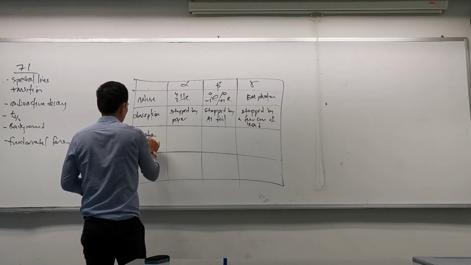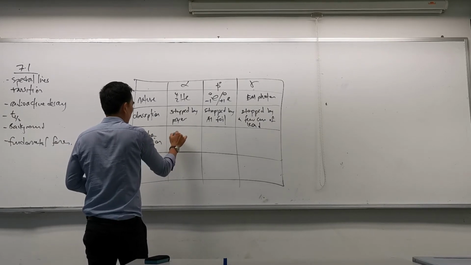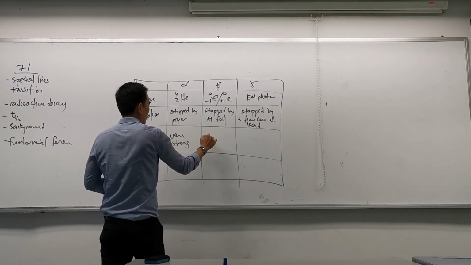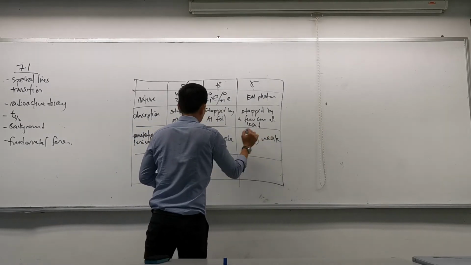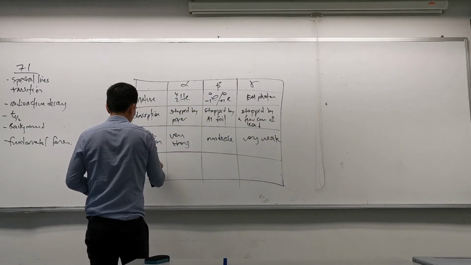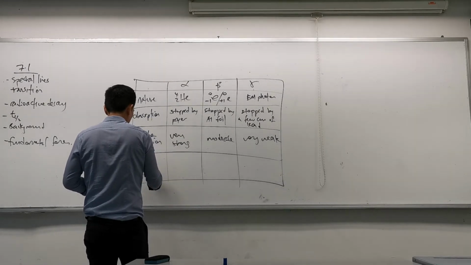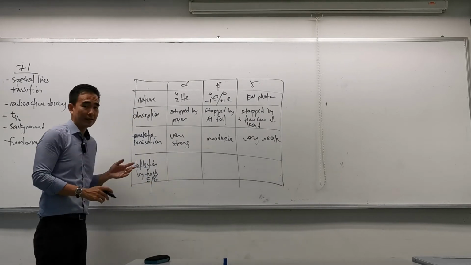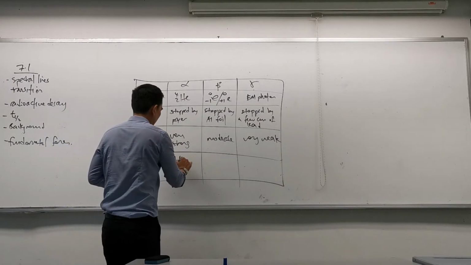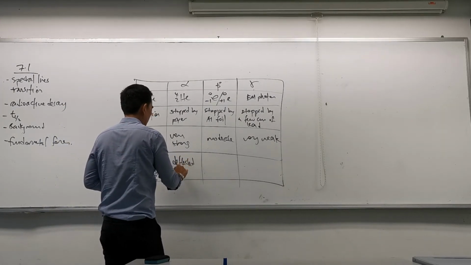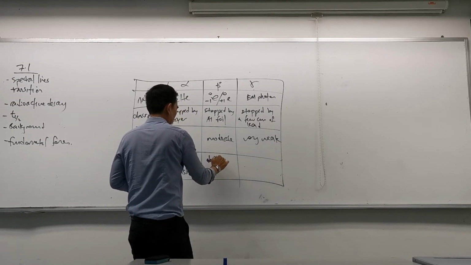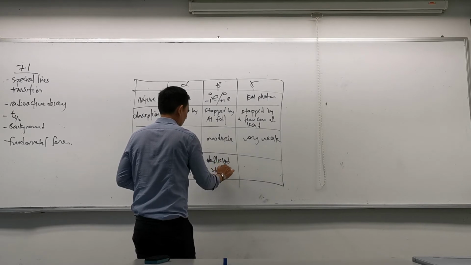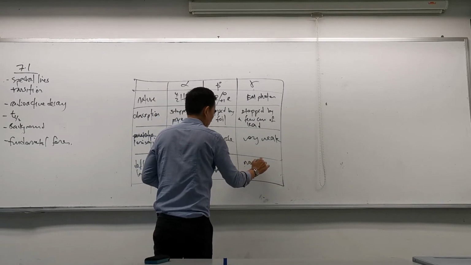Ionization ability: very strong, moderate, very weak. Deflection by fields, electric or magnetic: deflected slightly, deflected strongly, no deflection.